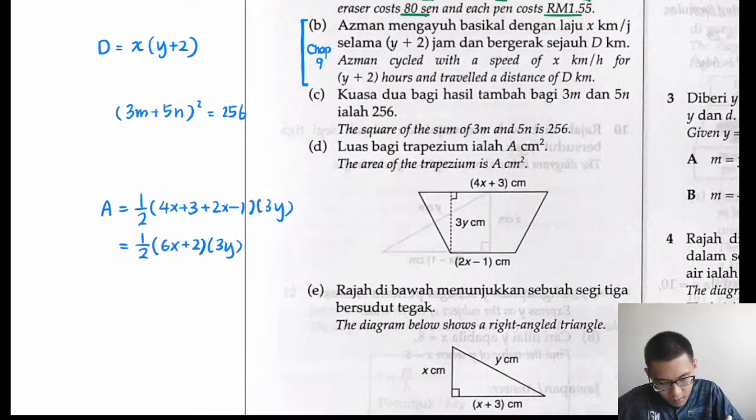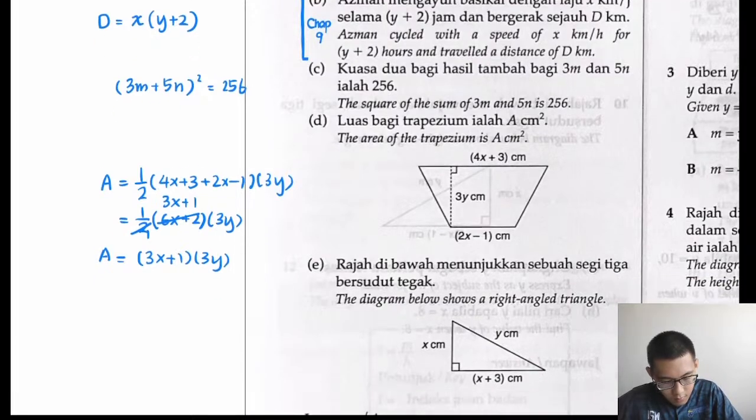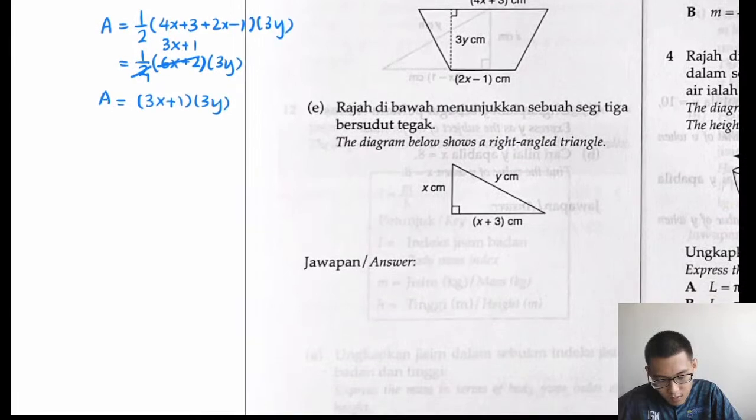Inside we can factor out 2. Here I just use 3x plus 1. So I have 3x plus 1 times 3y. Done. I will just stop here. I don't want to expand it out.